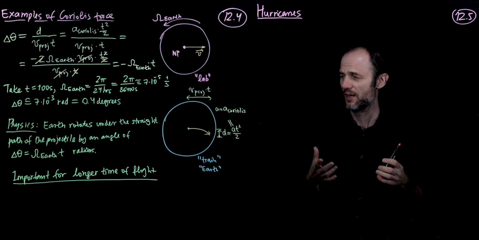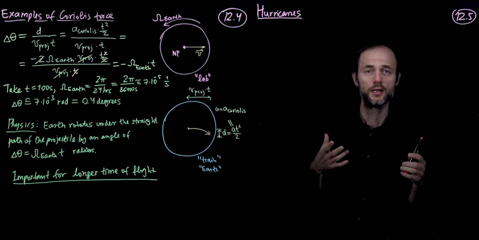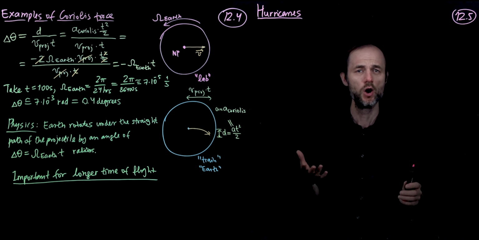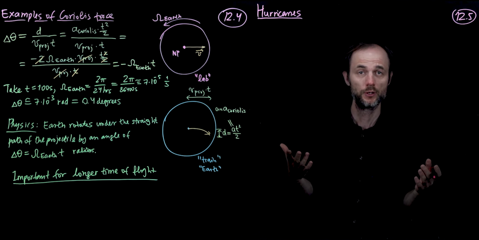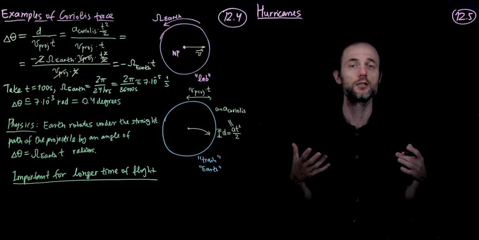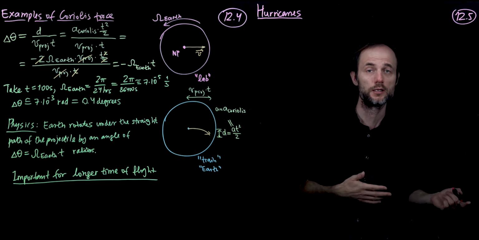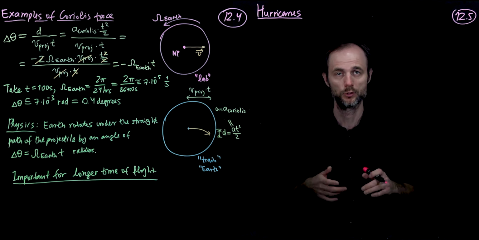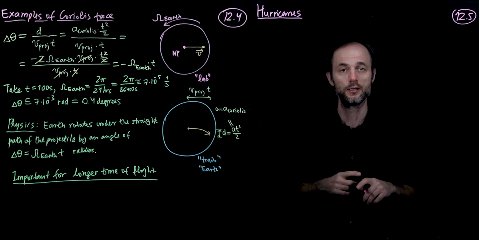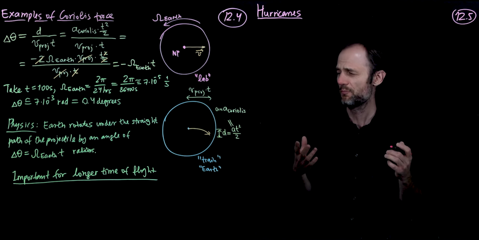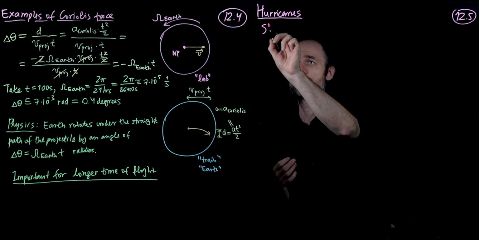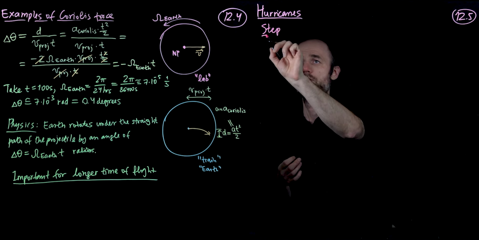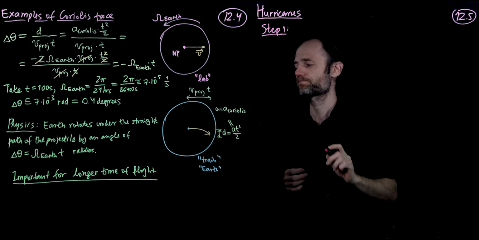But before, let's try and get an idea of how hurricanes come about. Where do they appear? I'm not an expert in hurricanes, so I'm kind of channeling what I read up online and saw in Goldstein books. So you can take a look there and search for yourself. But the basics, as far as I understand them, are as follows. Hurricanes form in several steps. So let's look at step 1.